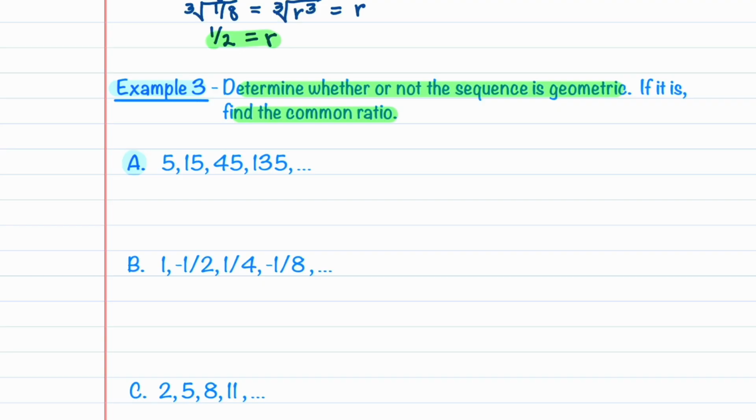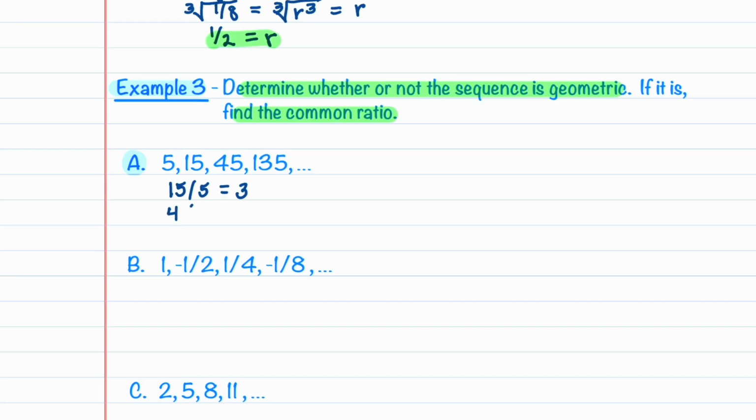To determine if a sequence is geometric, we need to look at the consecutive terms and see if they have a common ratio. So we're going to start with the second term, and we're going to divide it by the first term, and we get 3. That's the ratio between the second term and the first term. Now let's look at the ratio between the third term and the second term.